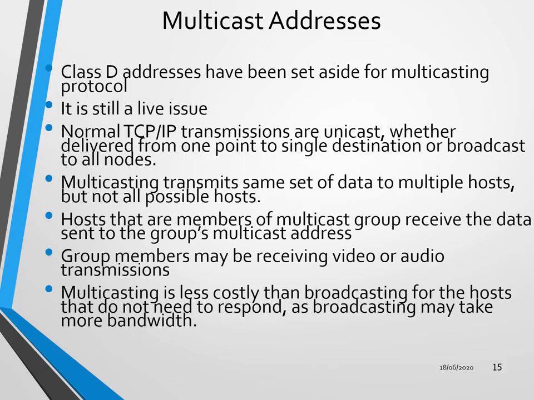So hosts that are members of a multicast group receive the data sent to the group's multicast address. Group members may be receiving video or audio transmission. So multicasting is less costly than broadcasting for the hosts that do not need to respond, and broadcasting may take more bandwidth.